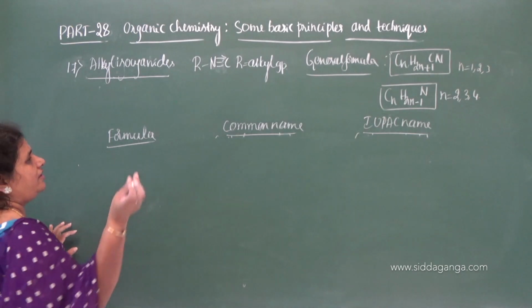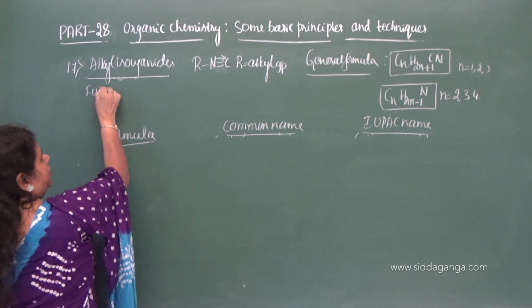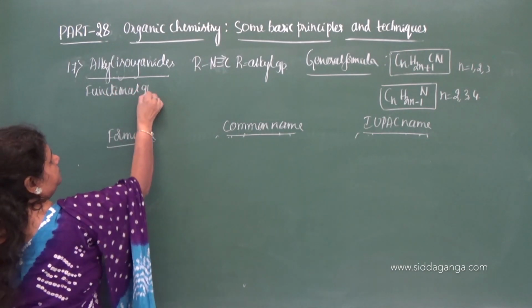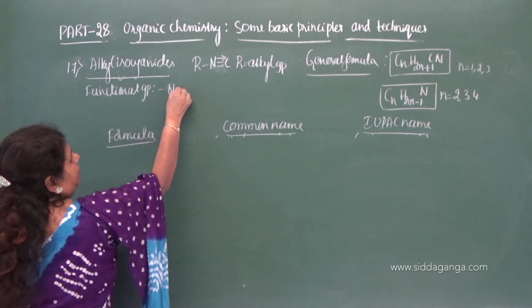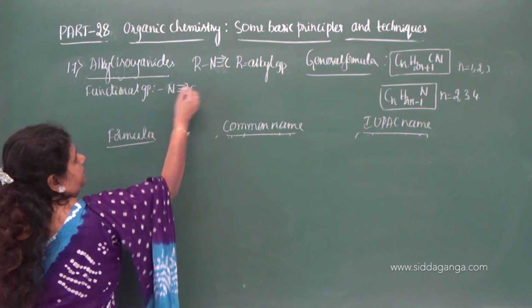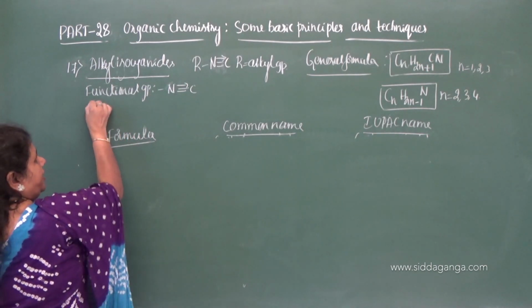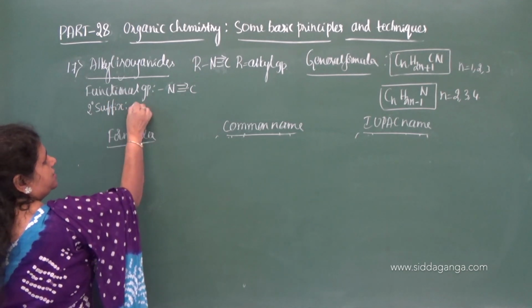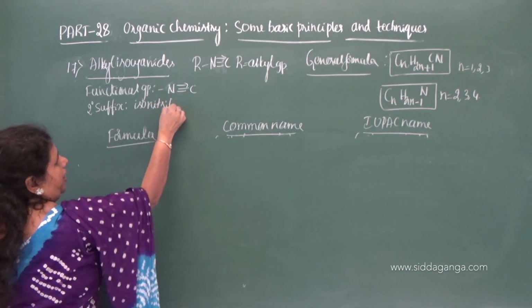So R-N triple bond C is isocyanide, and the functional group is NC. Okay, CN is cyanide, NC is isocyanide, and hence for the secondary suffix you need to put the prefix iso. Isonitrile, that's it.